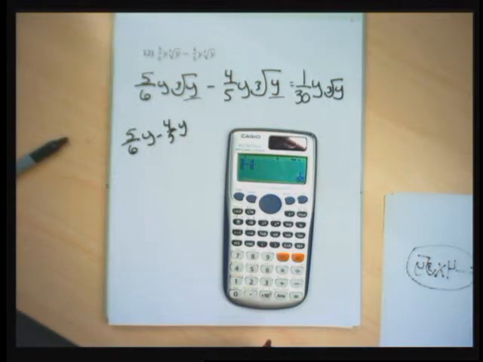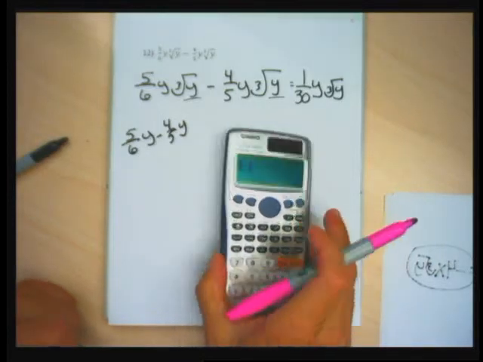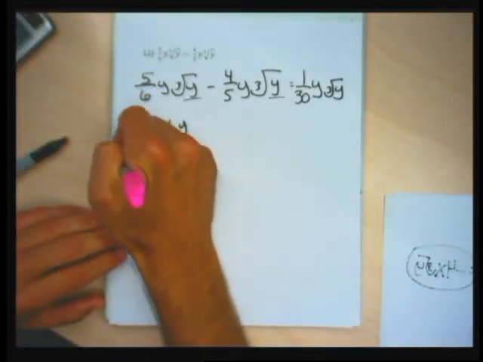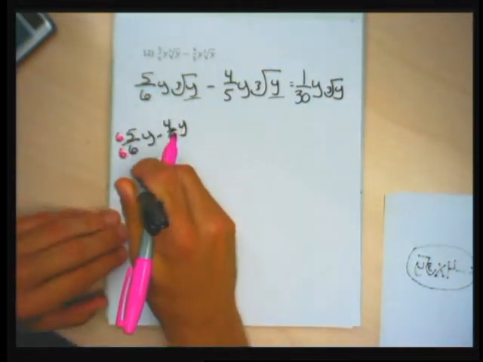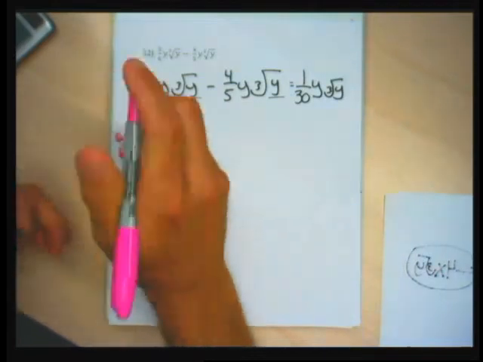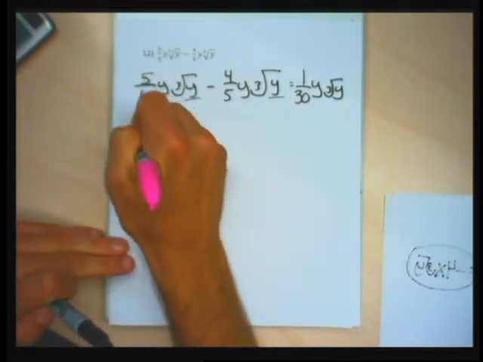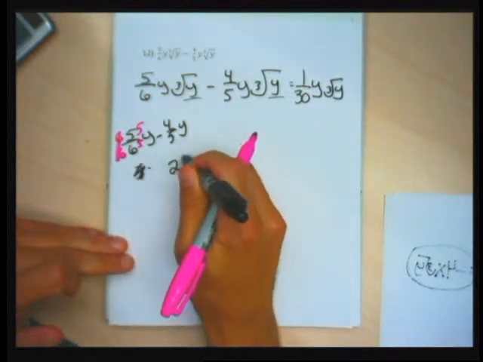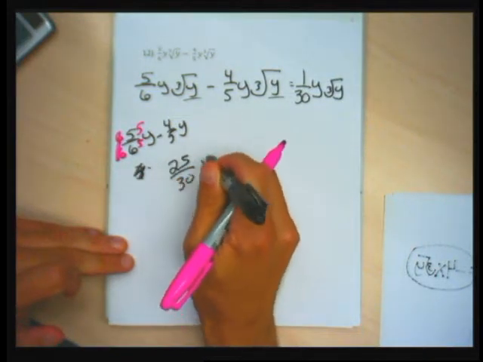If you felt guilty and you wanted to do the fractions by hand, it's not hard. What I would have done if I was doing this by hand is multiply the 5/6 by 5/5, and I'd make that 25/30 y.